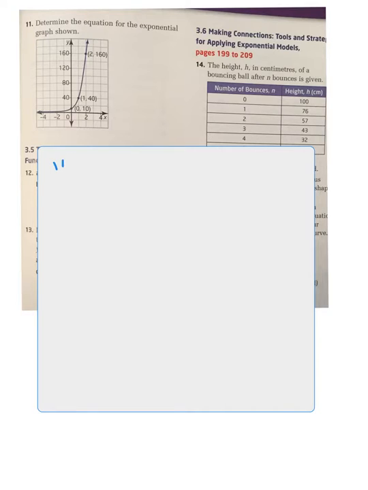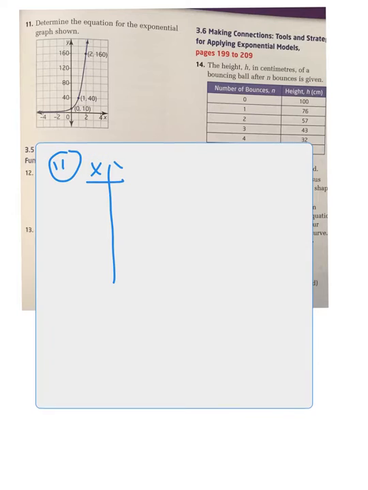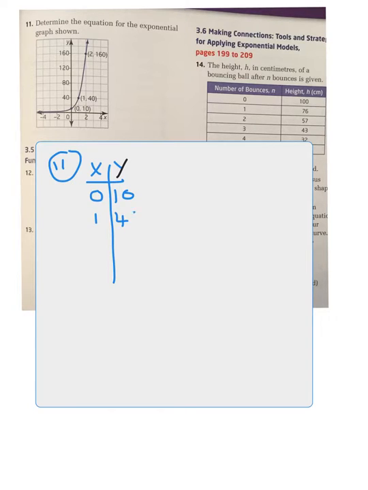Question 11 here, determine the equation. We know it goes through these points here. We've got 0, 10. So we've got points 0, 10, 1, 40, and 2, 160.